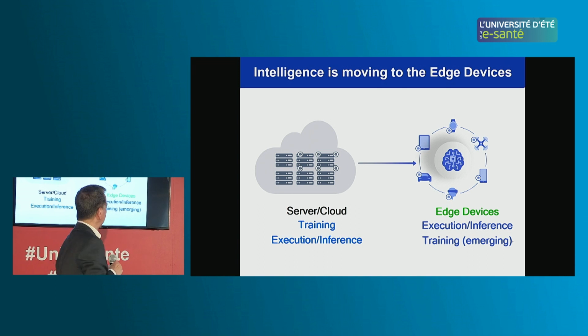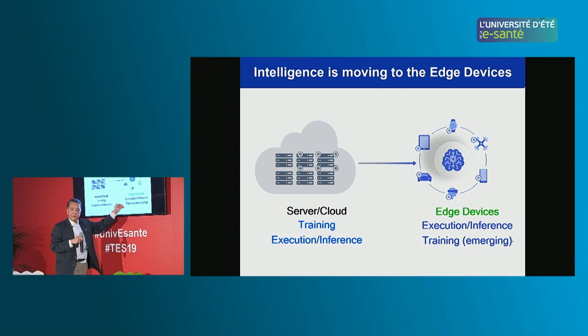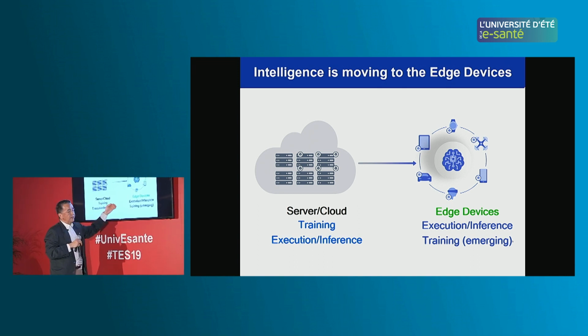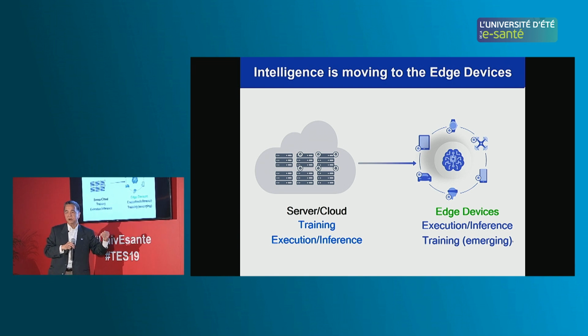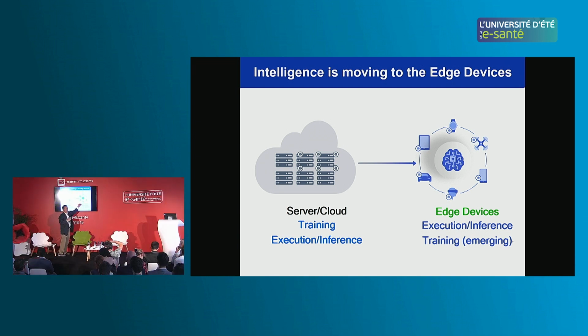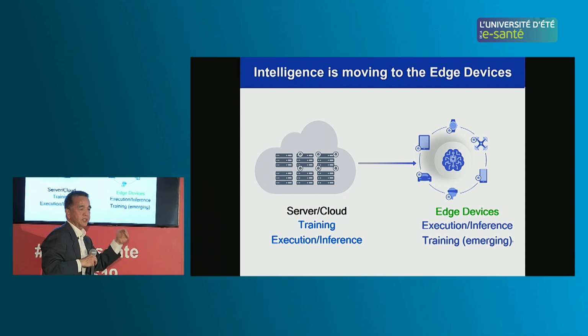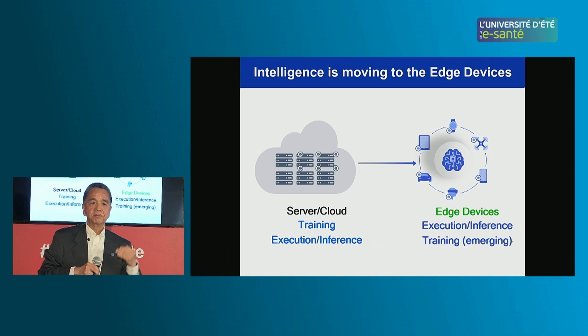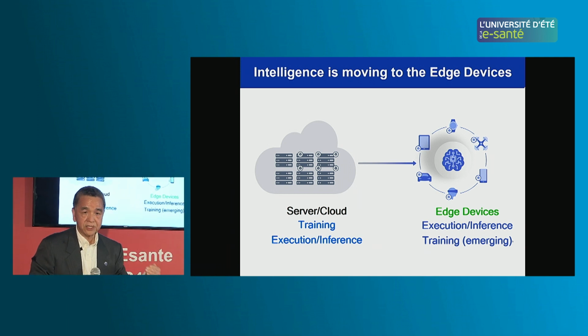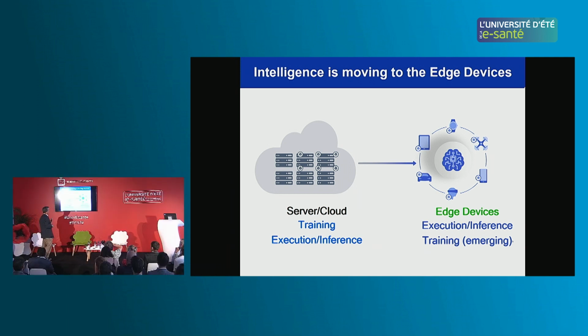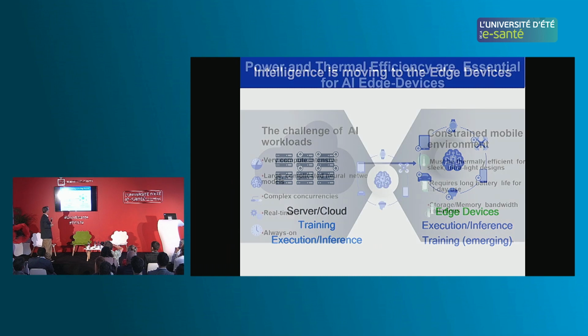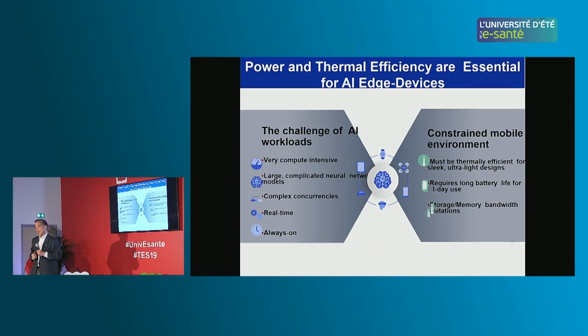So the training is emerging, but most of the time it's learned in the cloud, and you have a way to download that algorithm locally. It can do the execution, inference, as a way to assist individuals to make decisions. And that is an affordable way of improving the quality of care. But this is not easy.